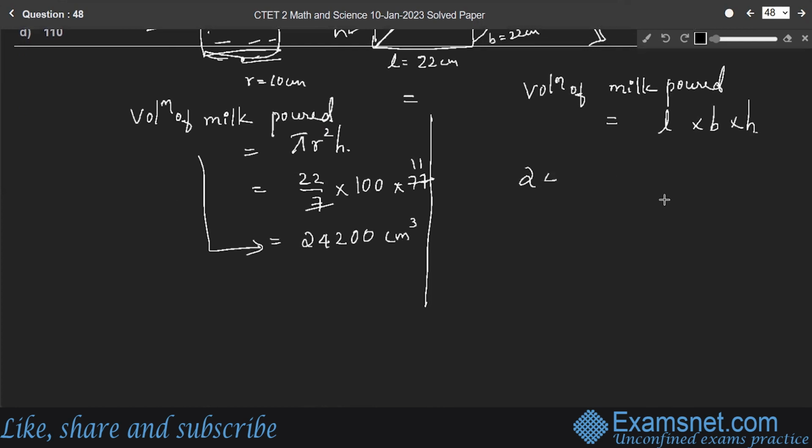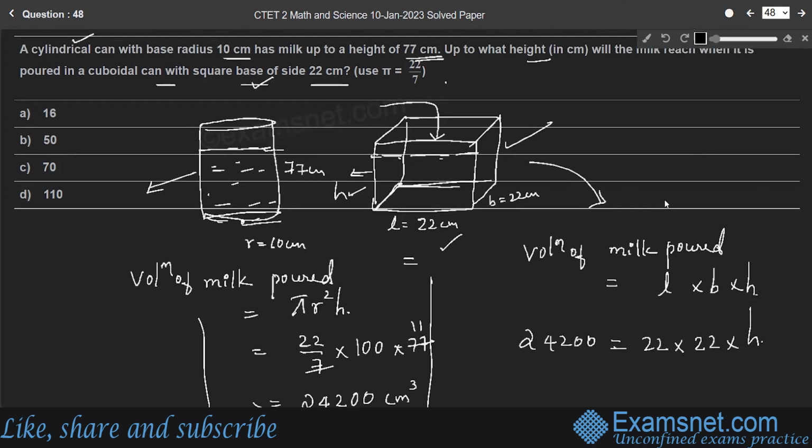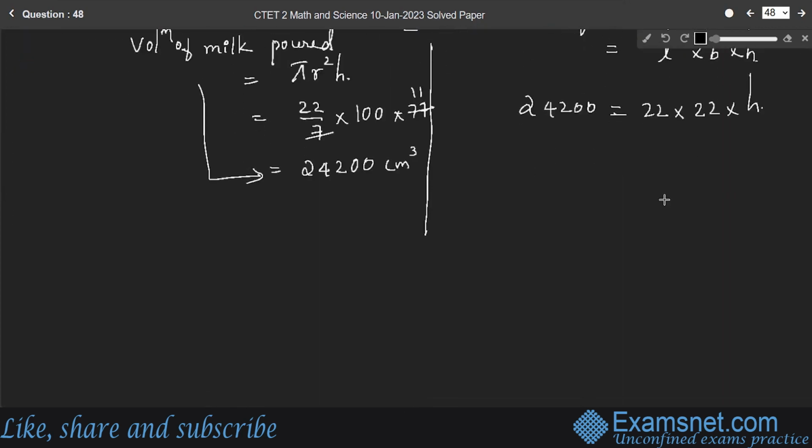So 24,200, the volume of milk poured, is equal to, the length of the cuboidal box is 22 and its breadth is also 22, and we have to find the height to which the milk is poured. Therefore, simplify it. Height is equal to 24,200 by 22 into 22.